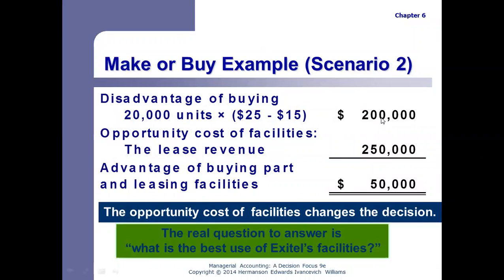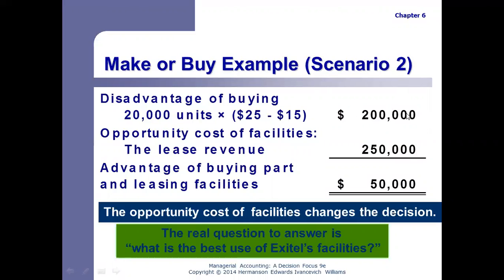Okay, so remember earlier we saw that by buying the chips from someone else, we would lose $200,000. That's the $25 we pay for it versus the $15 it's costing us now per unit, times the 20,000 units, 10 times 20,000, that's 200,000.